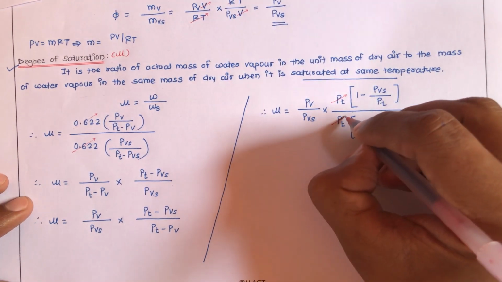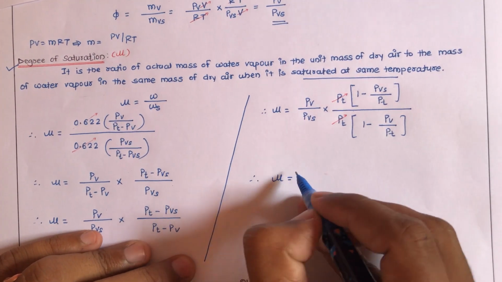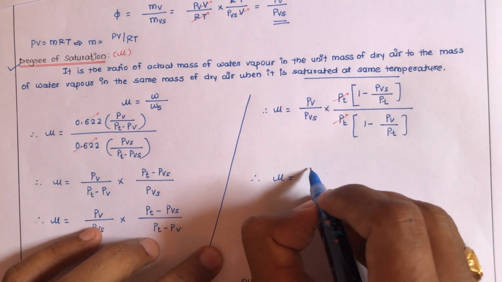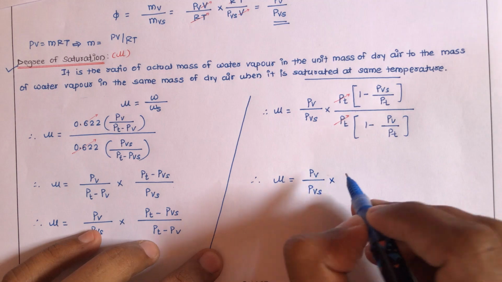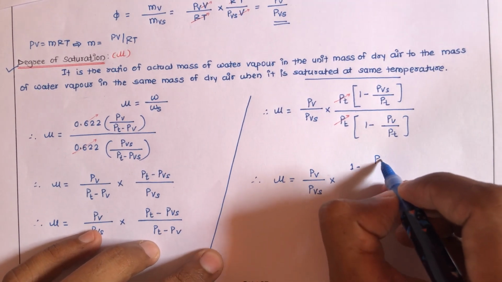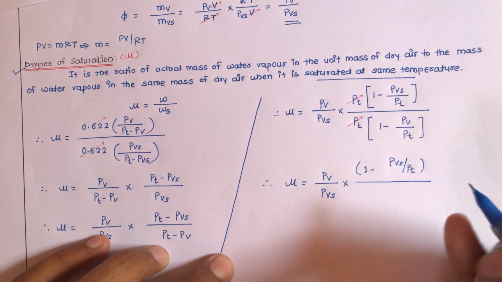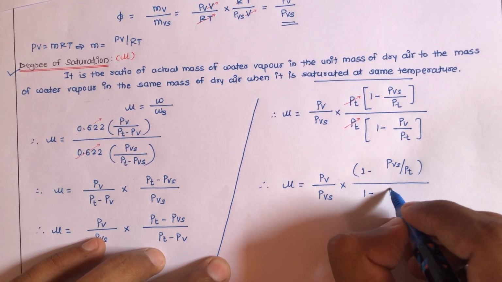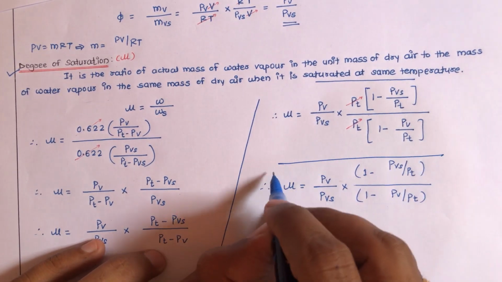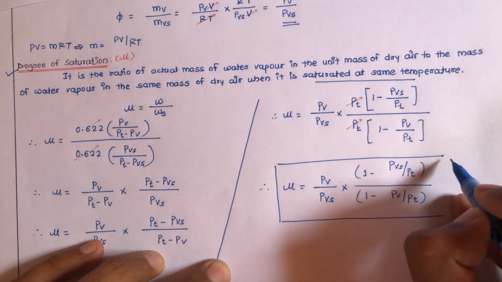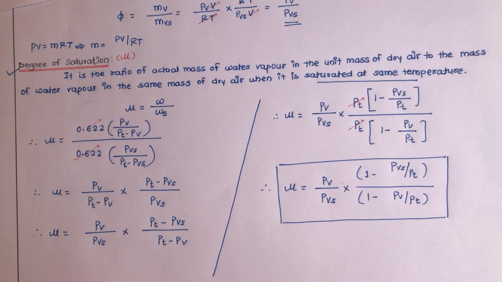This Pt I can cancel with this Pt. Therefore I will get mu, or degree of saturation, is equal to Pv upon Pvs multiplied by 1 minus Pvs upon Pt divided by 1 minus Pv upon Pt. This is nothing but the equation from which we can calculate the value of degree of saturation.